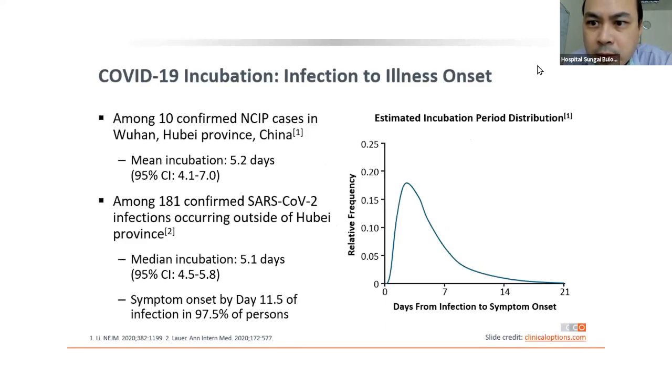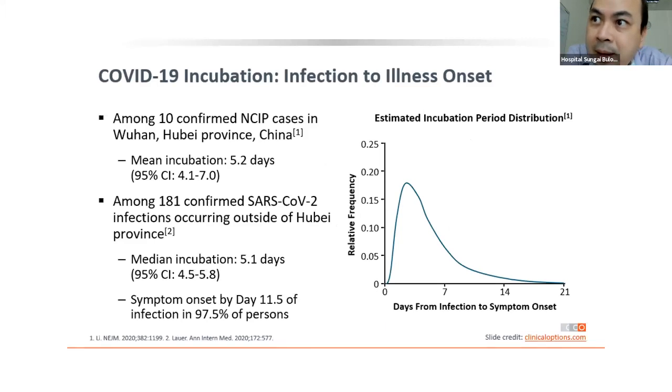I wanted to start off by talking about incubation periods, and this is something we know much better now compared to when we first started off. The incubation period is very clear. It peaks at 5 days.